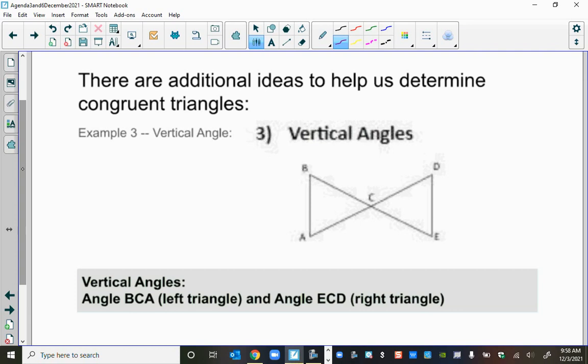All right, other part, vertical angles. Again, you break off your triangle into two smaller triangles. Look which angle is common.